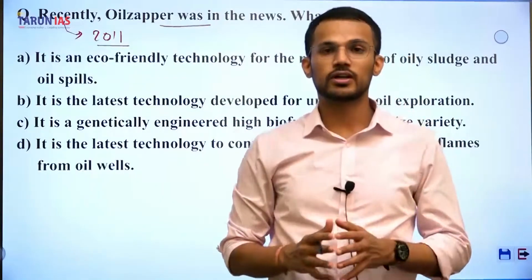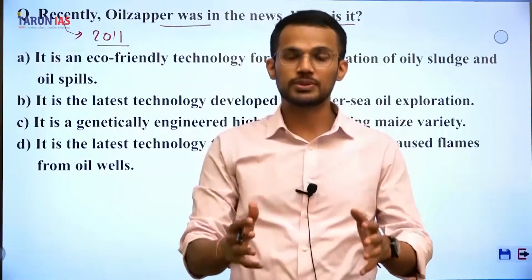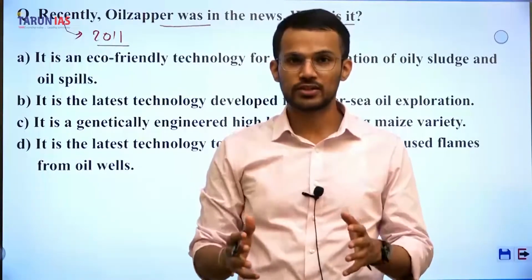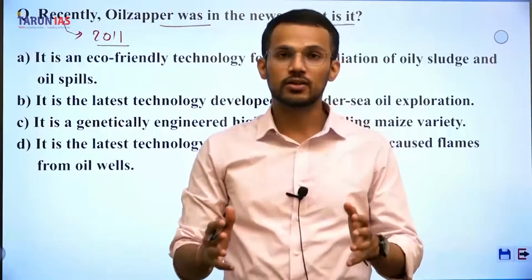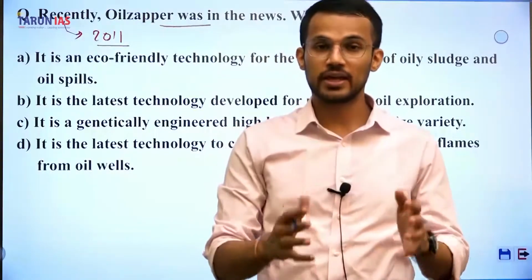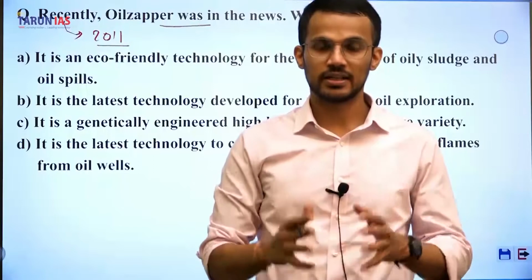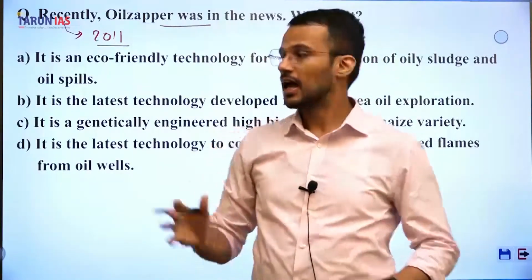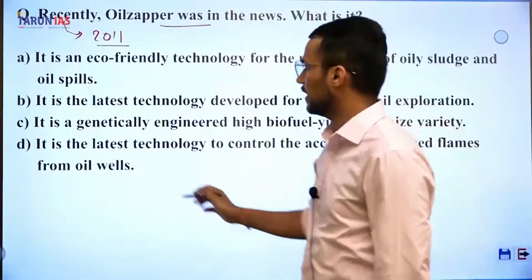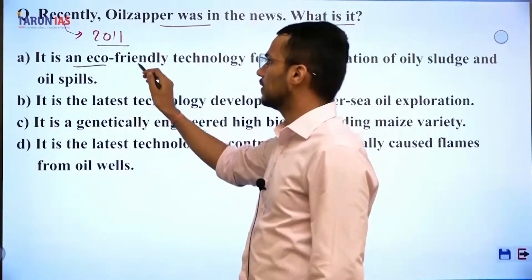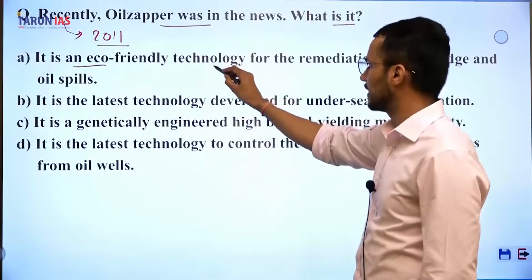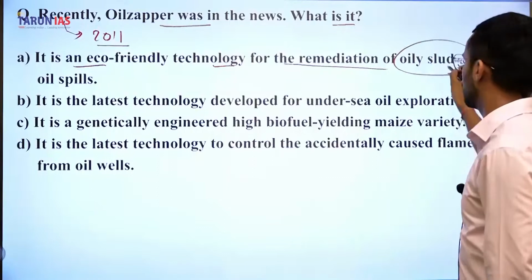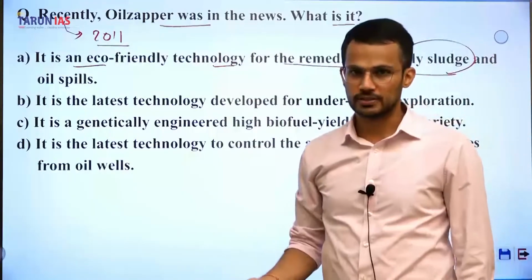And this particular institute has developed these consortia of bacteria based upon which we will be able to clear oil spills, one of the prime threats in the aquatic ecosystem. And thus, answer for this question is A. Oilzapper is an eco-friendly technology for the remediation of oily sludge and oil spills.